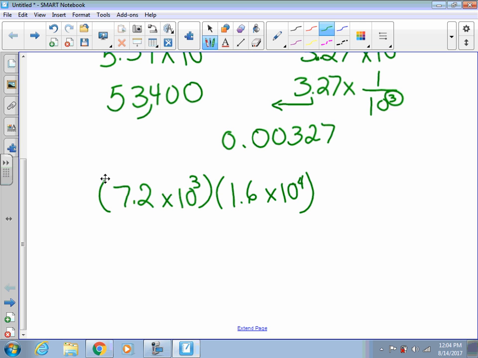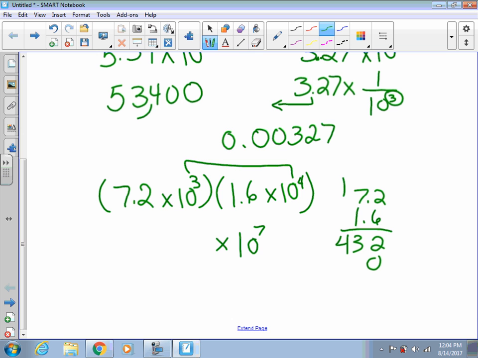When you multiply those, remember last week we talked about multiplying powers, and if you're multiplying straight across, you're going to add the exponents. So this part is easy right here, right? That's 10 to the 7th. But we've got to also multiply the 7.2 and the 1.6. And we get 11.52.